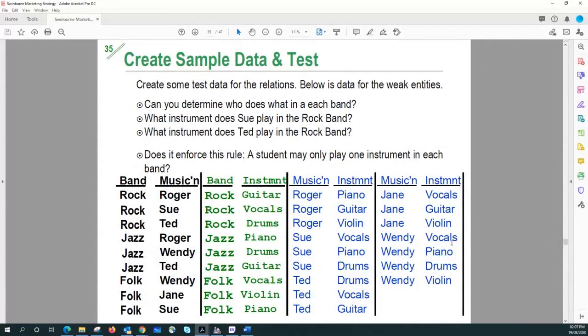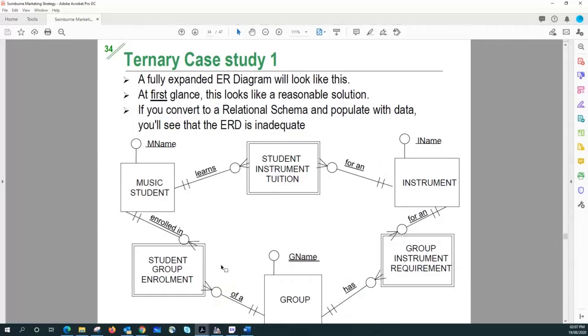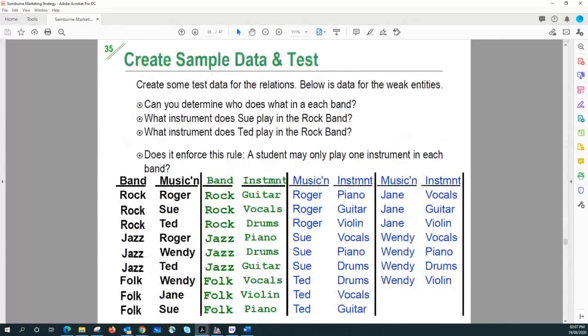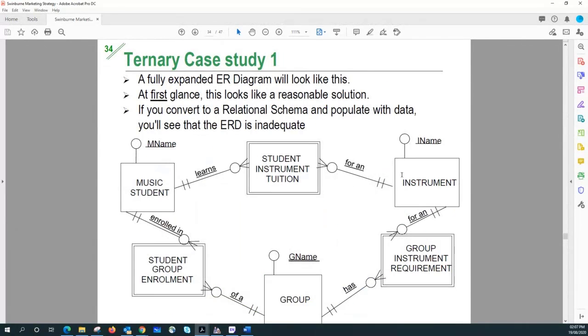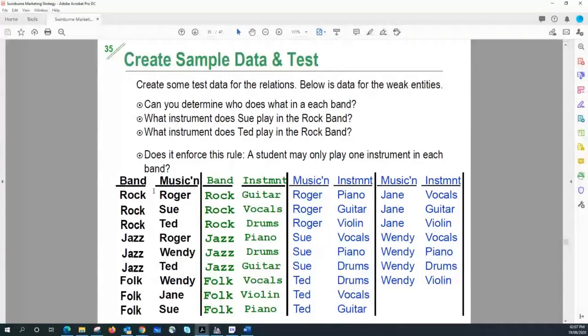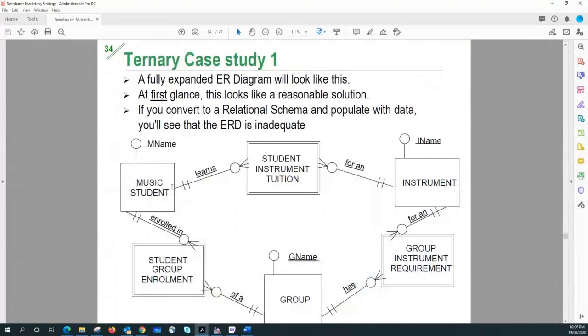Right, so now let me put some test data into each of these weak entities. These are the test data. The colored one is band and musician name. So band and musician.